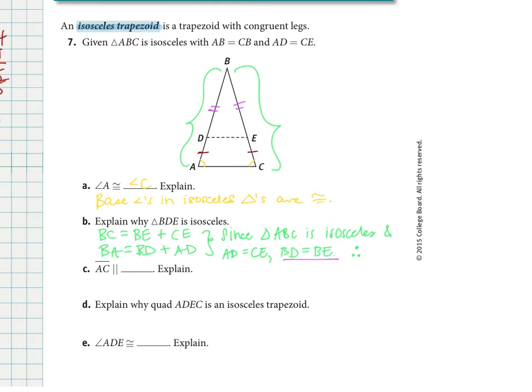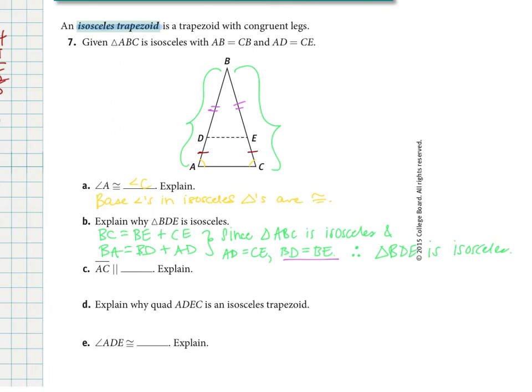So here we know, therefore, triangle BDE is isosceles. We were able to prove that. So yesterday we kind of went through a paragraph proof to start looking at different properties of a kite. Now we're doing that with our isosceles trapezoid. So we're doing a good job. Keep it up.